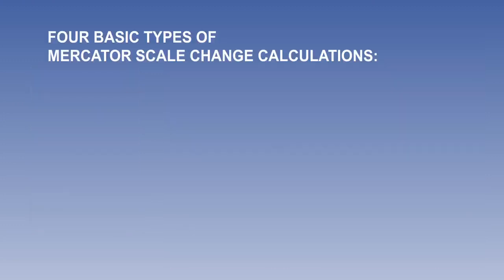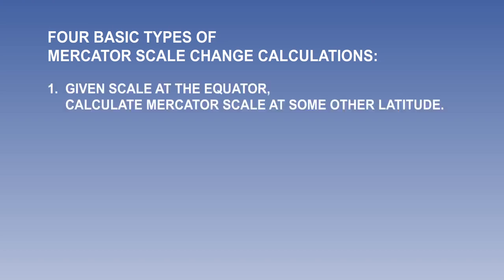The ATPL syllabus requires you to be able to carry out Mercator scale change calculations. These calculations divide into four main types of problem. They are: given scale at the equator, calculate Mercator scale at some other latitude.